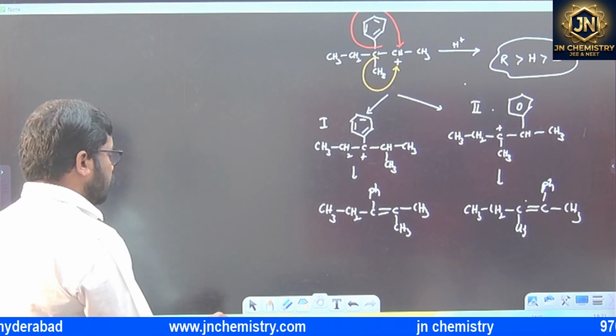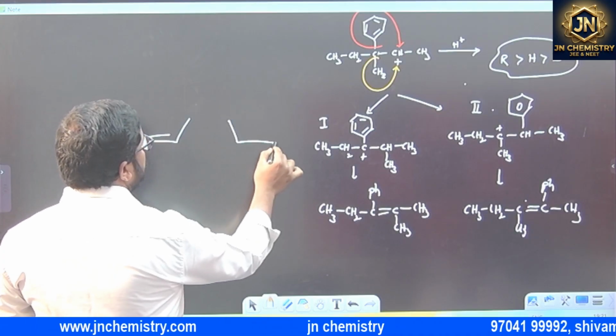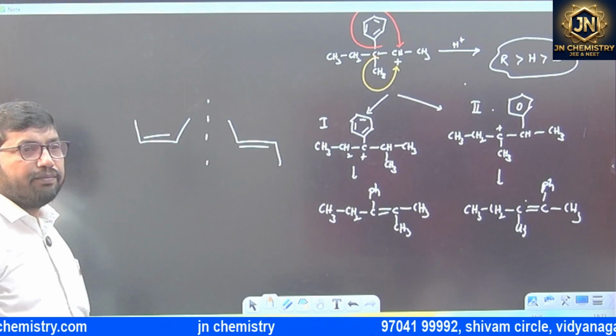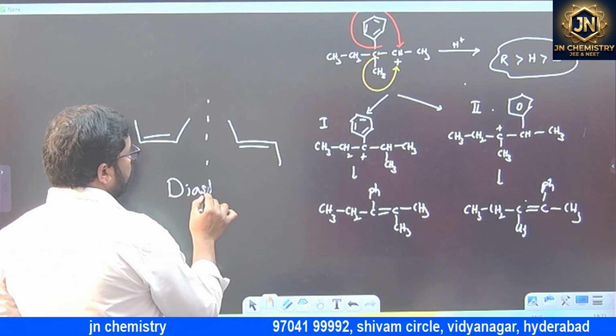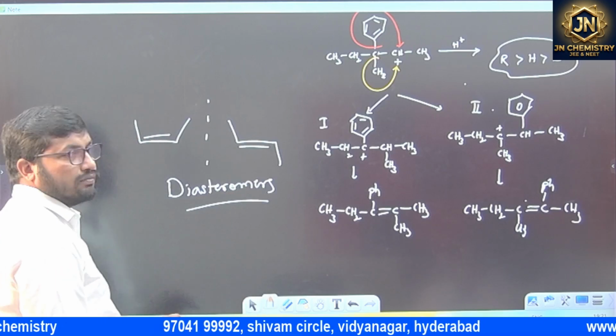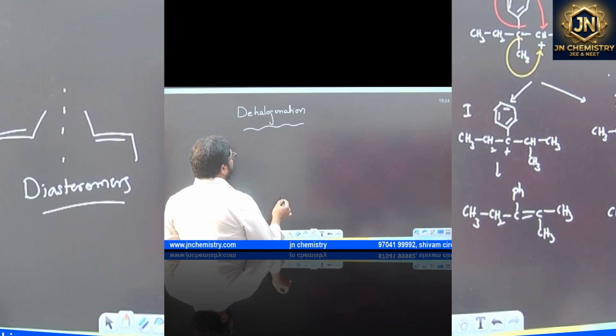So these are diastereomers. Cis and trans are not mirror images and not superimposable, right? Those are diastereomers. They show cis and trans diastereomers.